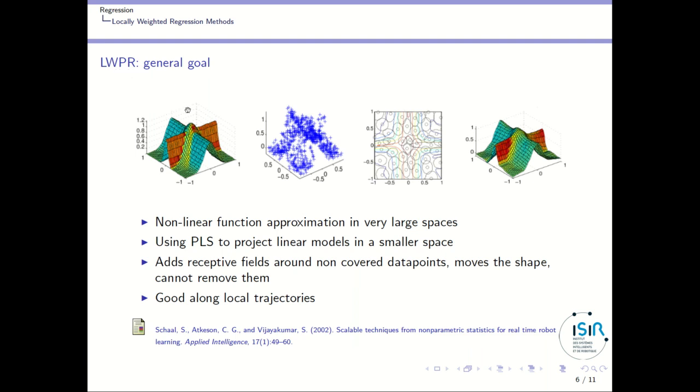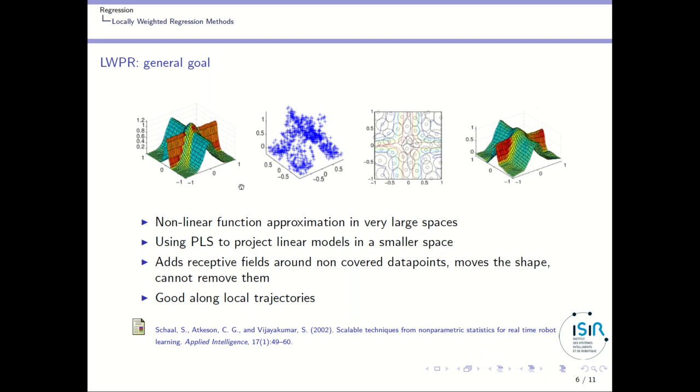The general idea is that you are doing exactly the same as in locally weighted regression, but for computing the linear model, if you have many dimensions, it often happens that some of the dimensions are not important to determine the local model. So you project into a smaller set of coordinates so that you ignore the dimensions that are not important.